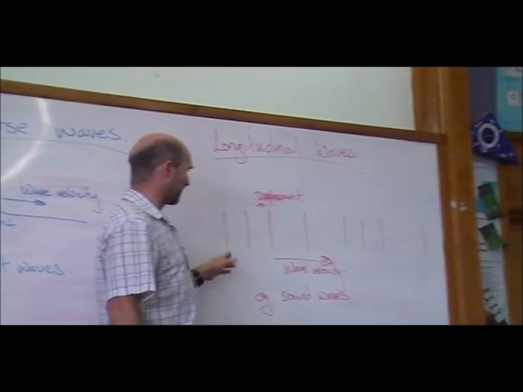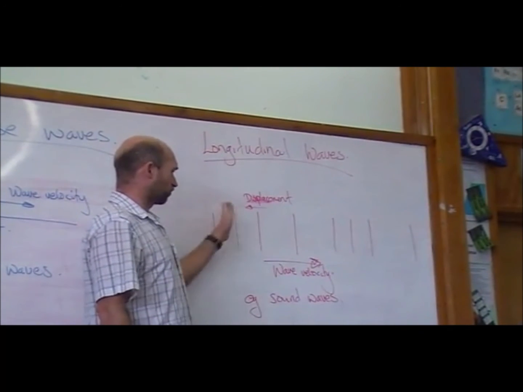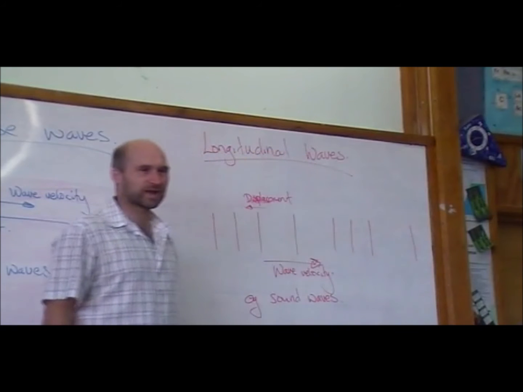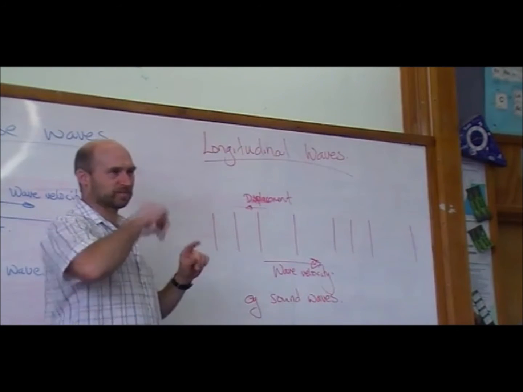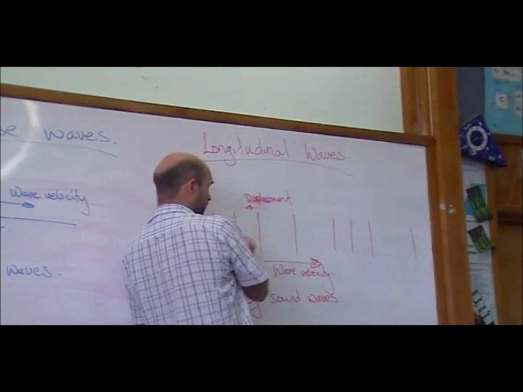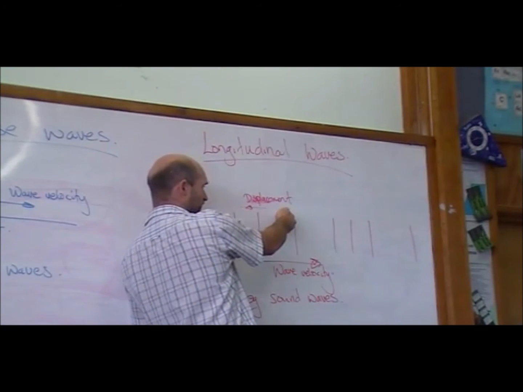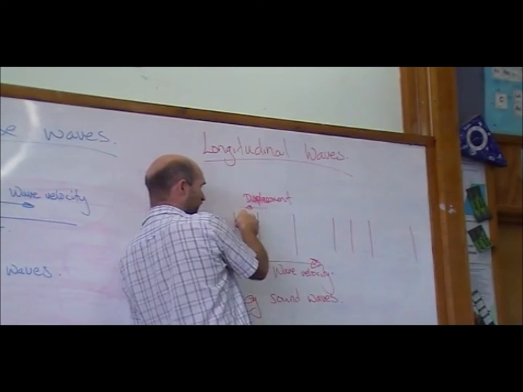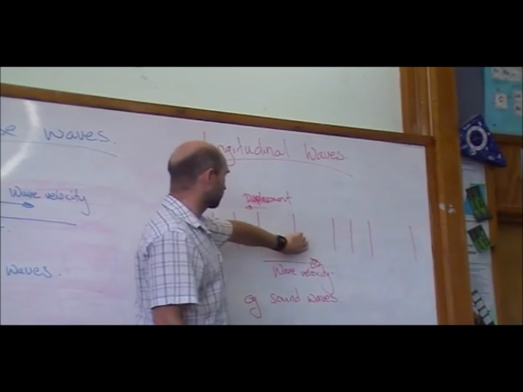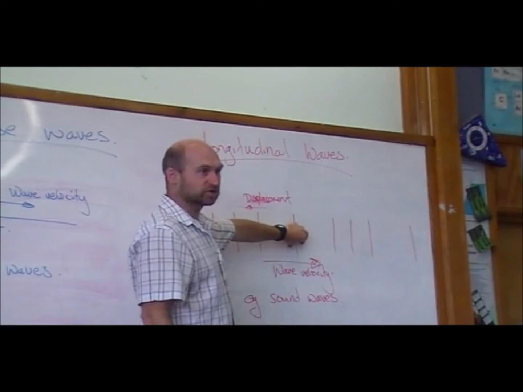The other type is longitudinal waves, and I've drawn particles in the medium. You can imagine those parallel lines as being like rings of our slinky, maybe. And to make an area of compression, one of those rings of the slinky had to move closer to another, and that's also made an area of rarefaction here.